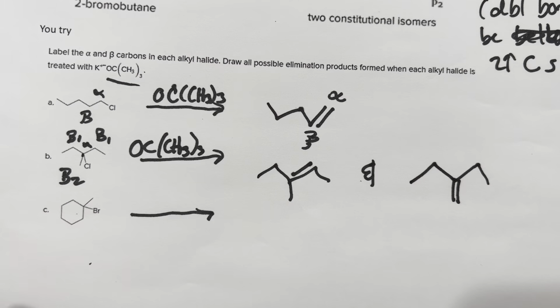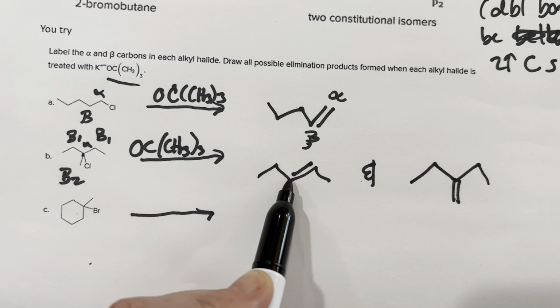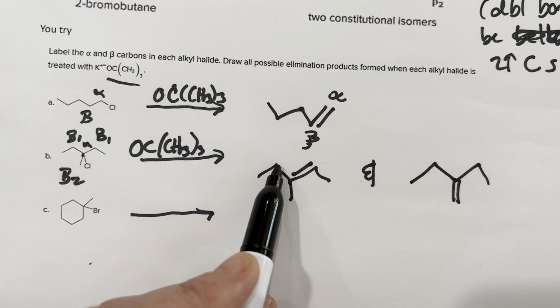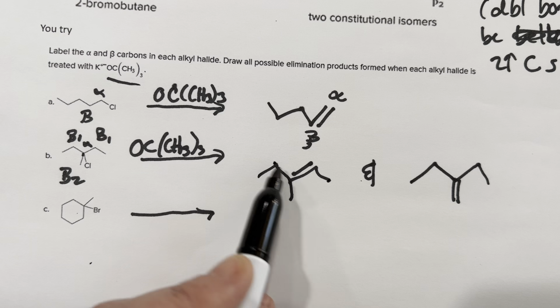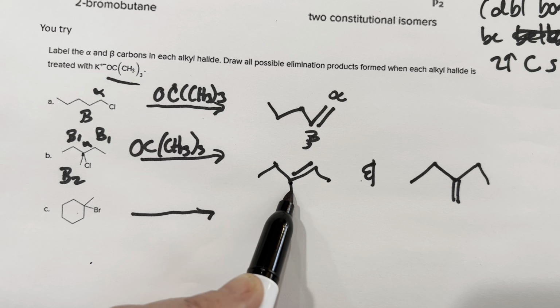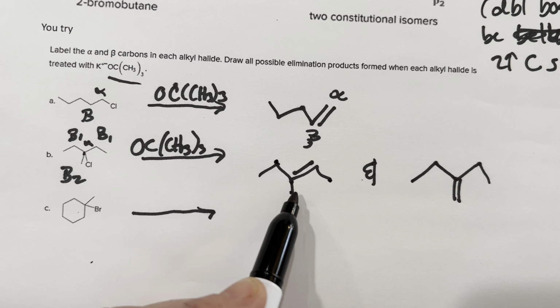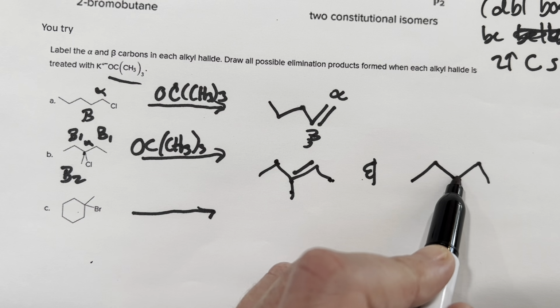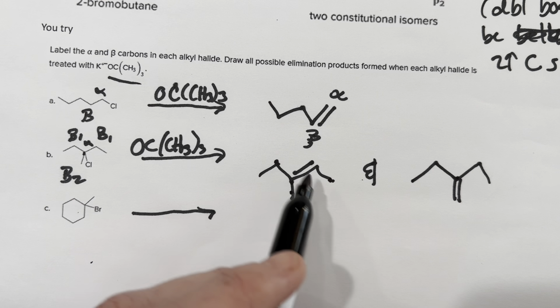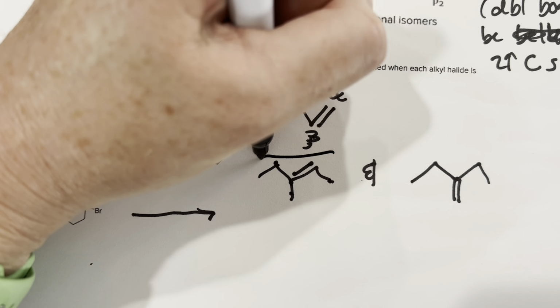Hopefully you already recognize that this double bond is between two carbons. So actually this one and this one. And this one too, so it's actually 3, 1, 1, 2, and 3. And this one only has the 1. So that's why this one is more stable.